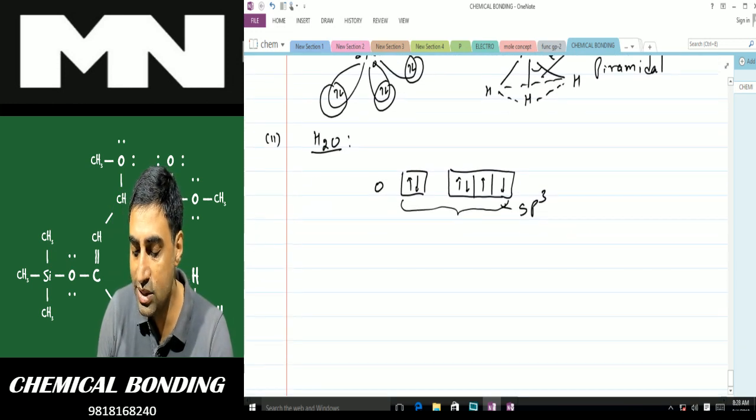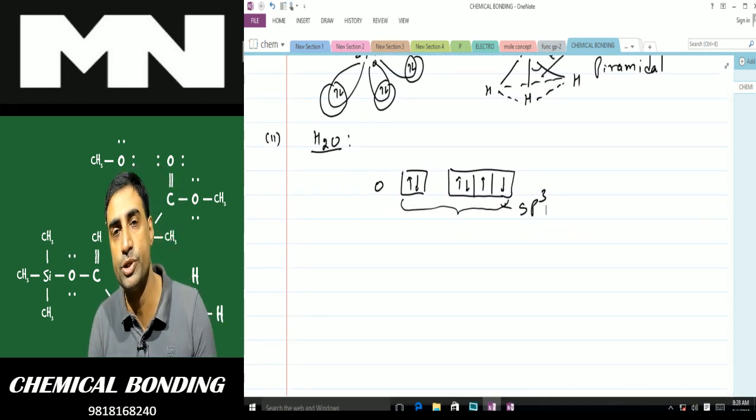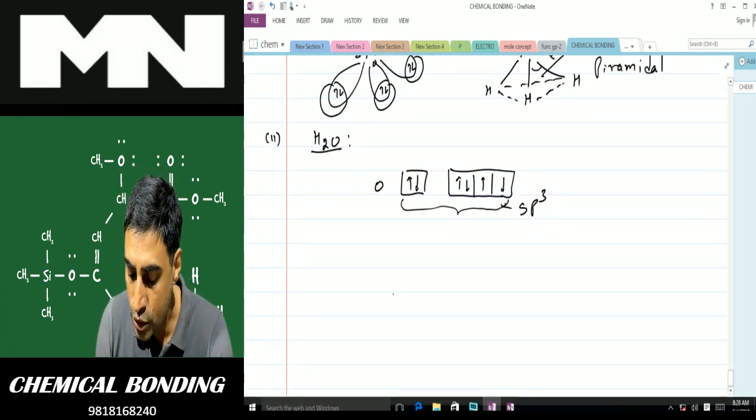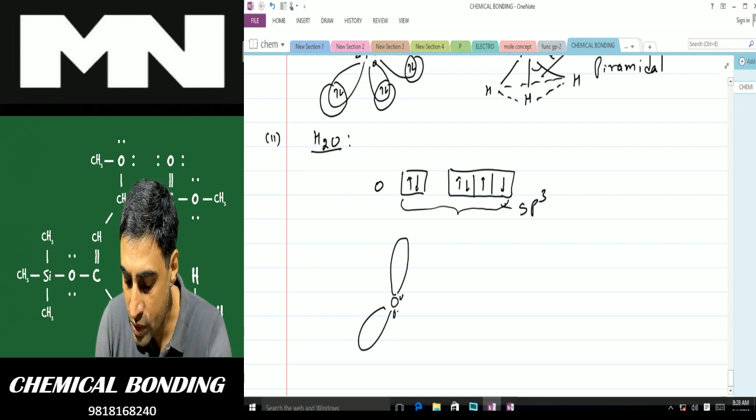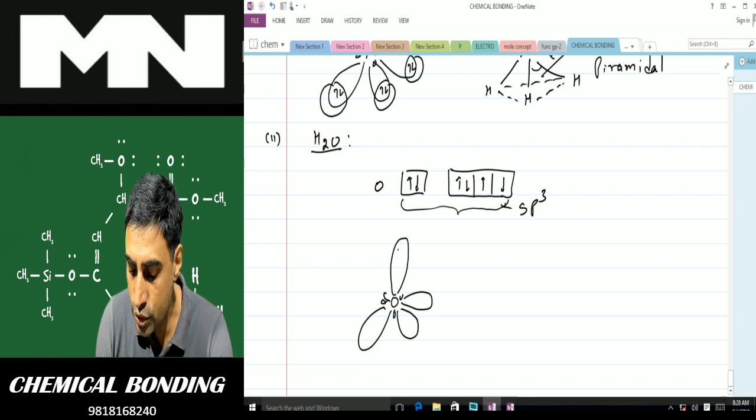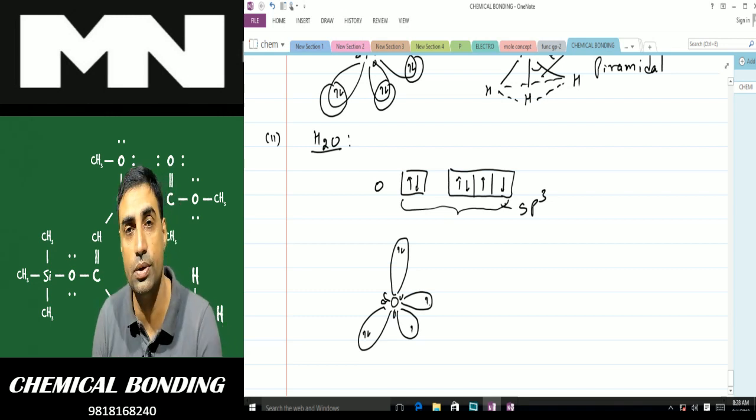If 4 orbitals are undergoing hybridization, they will lead to the formation of 4 hybrid orbitals. So here you have oxygen with the first, second, third and fourth hybrid orbitals. You'll have paired electrons, paired electrons, unpaired electron, unpaired electron.